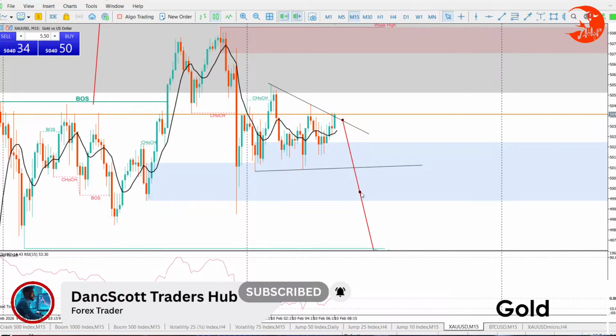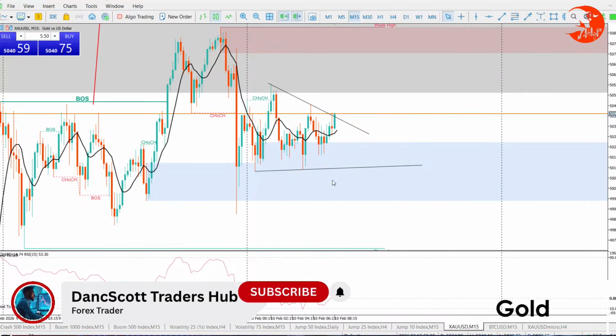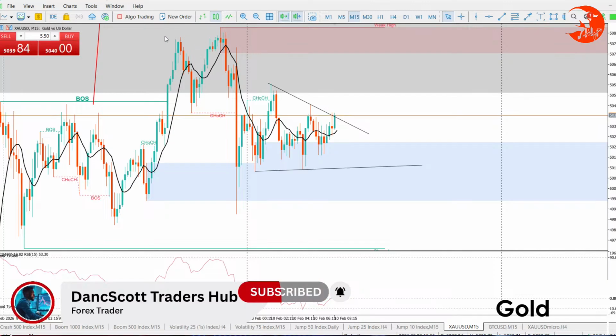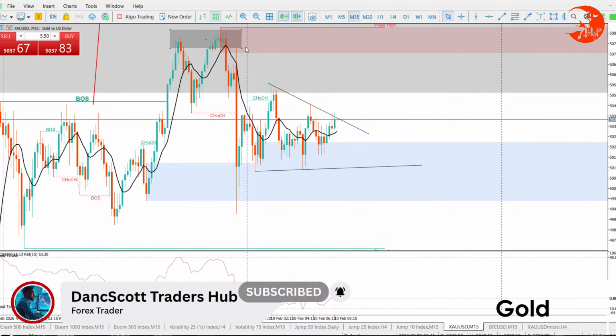Alright, this is not going to be my focus today. I cannot focus on this because of its structure. I see a change of character. I see what one can say as a reversal signal right there, up there.